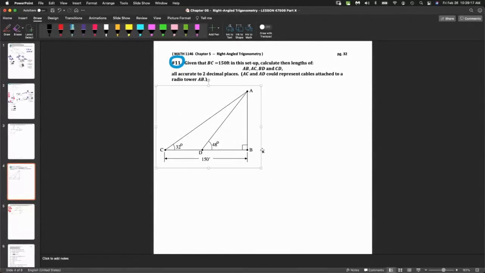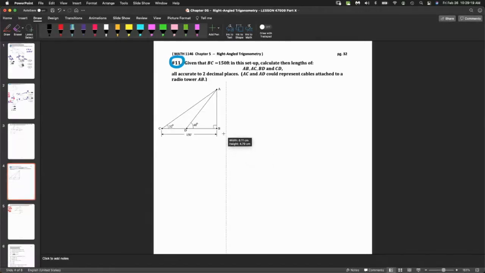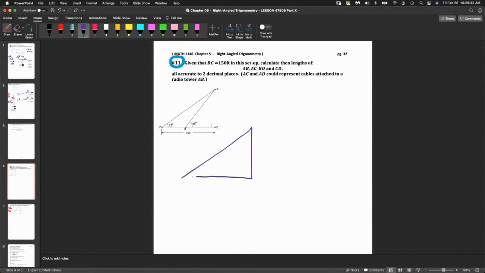I'm going to take this picture here and just shrink it a bit. And instead of that diagram, I'm going to draw two separate triangles. Again, like I did earlier, I'll draw a big triangle right here, and I'll draw a little triangle right here. Maybe not that little. Just bear with me while I write down some information here that's pretty obvious.